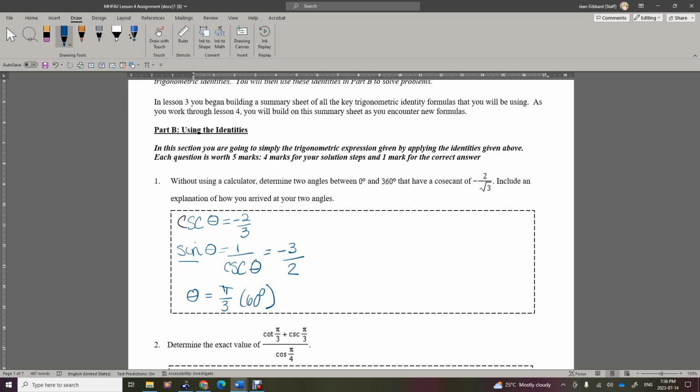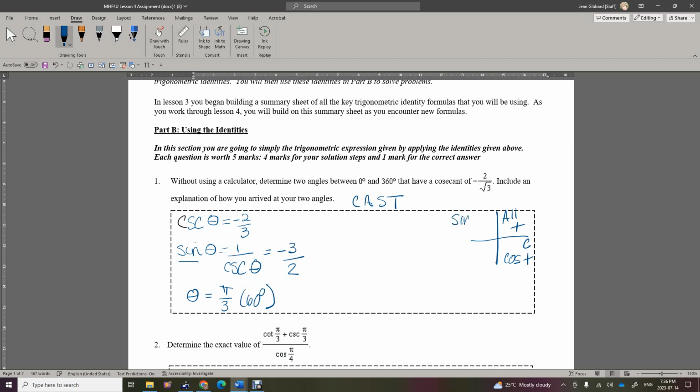Okay? Now, the next thing we know is, according to our CAST rules, let me just refresh your memory. This means that cos is positive. This means all are positive: sine, cos, and tan.